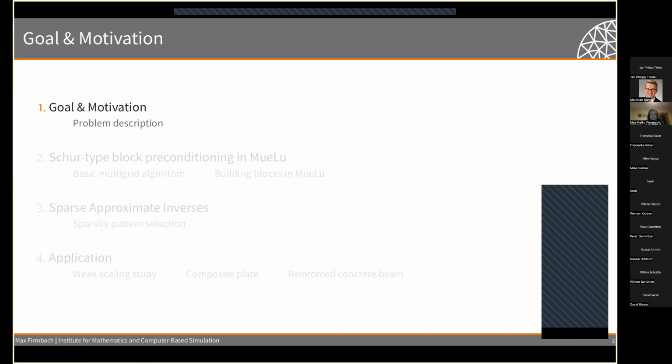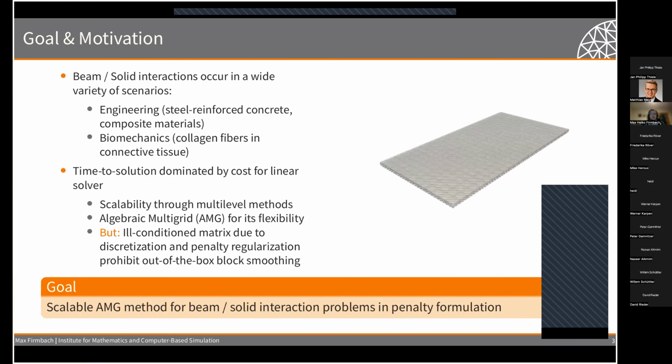So let's start with the goal and motivation. Beam-solid interactions occur in a wide range of scenarios. So what can you imagine? Basically, we couple 3D solids with one-dimensional beam elements in a mixed-dimensional coupling approach, and this can occur in a wide variety of engineering applications.